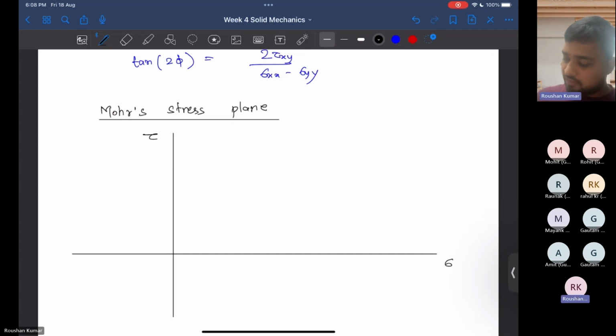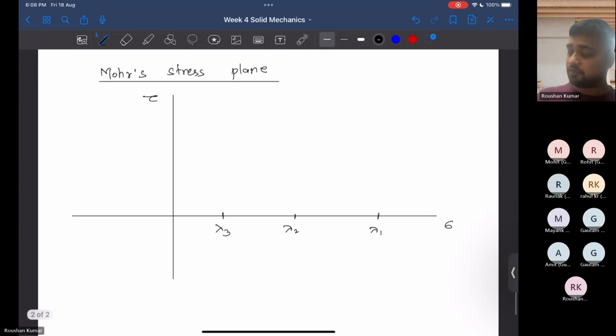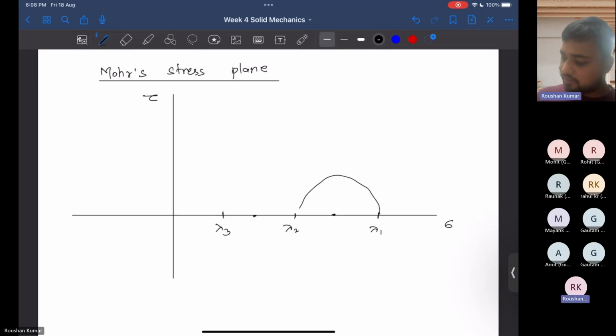and suppose we know the three principal stresses, that is lambda 1, lambda 2 and lambda 3. So these are the three principal stresses where shear stresses are 0. And if we know the center of these two Mohr circles, we can draw a circle using those two corner points.